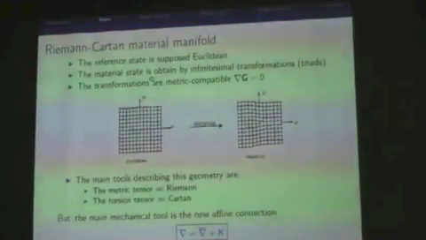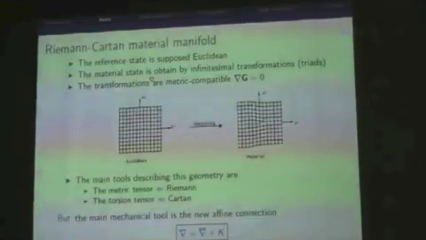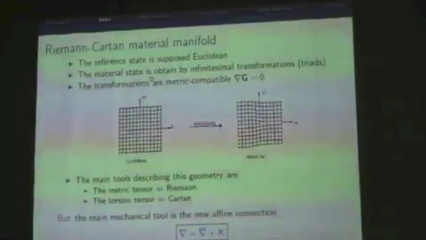So, what we will do now is write down the classical elasticity thanks to this generalized geometry. I will suppose a reference state which is Euclidean, and I will introduce an infinitesimal transformation thanks to the triad. This transformation, of course, must be what we call metric compatible.